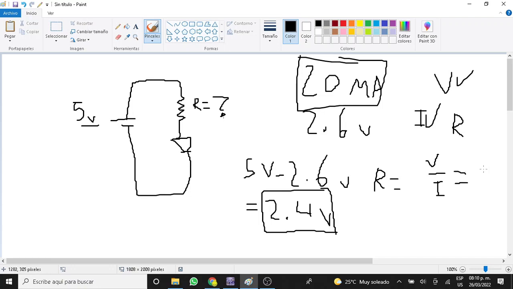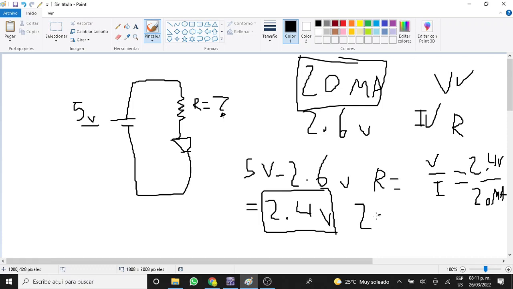So 2.4 volts divided by 20 milliamperes. In this case, we need to convert these 20 milliamps to amps. Voltage, volts. Current, amperes. Resistance, ohms. Okay?